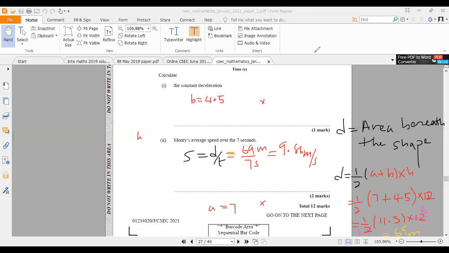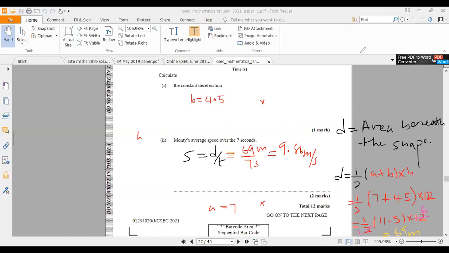So remember, the first thing we have to do is find the distance. The distance is the area beneath the shape. The shape was a trapezium. We find the area of a trapezium, so that represents the distance.